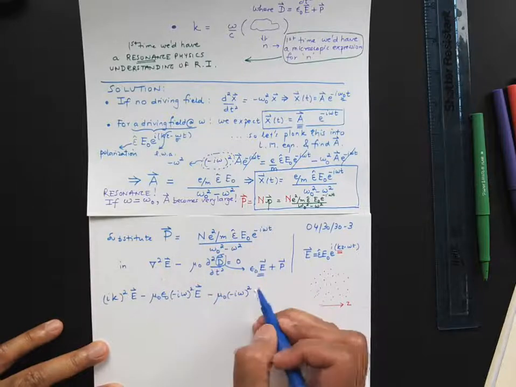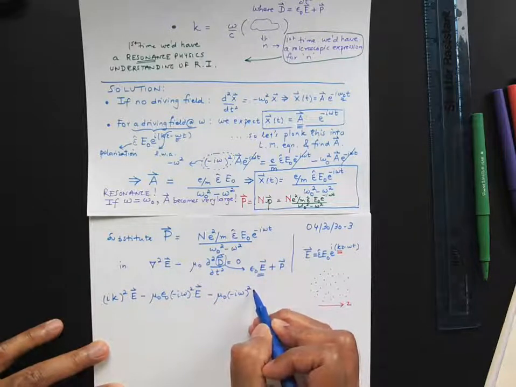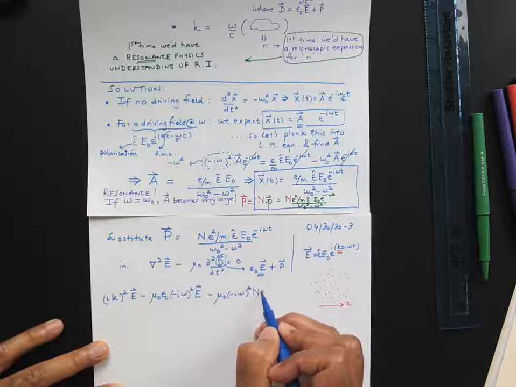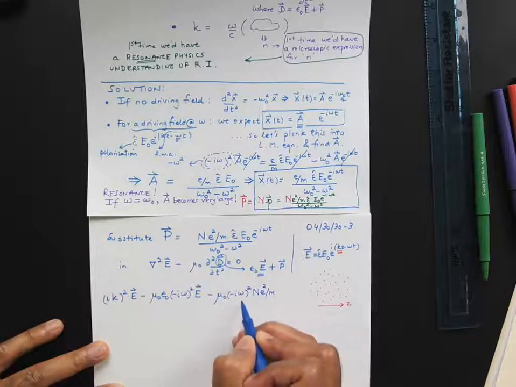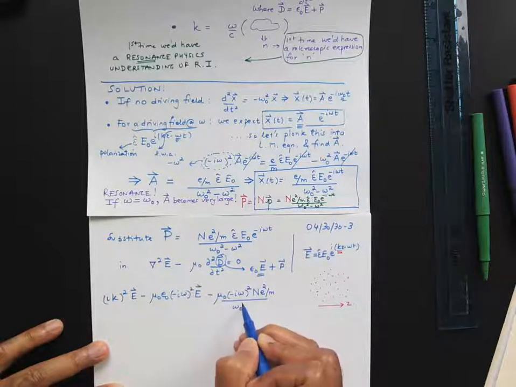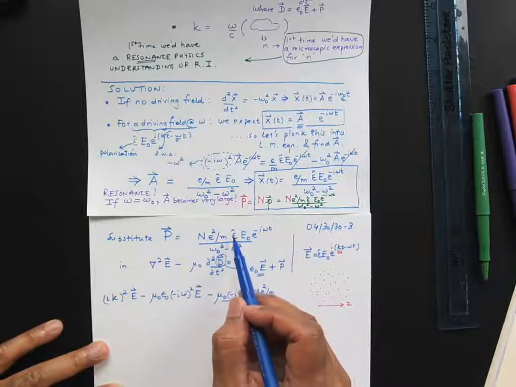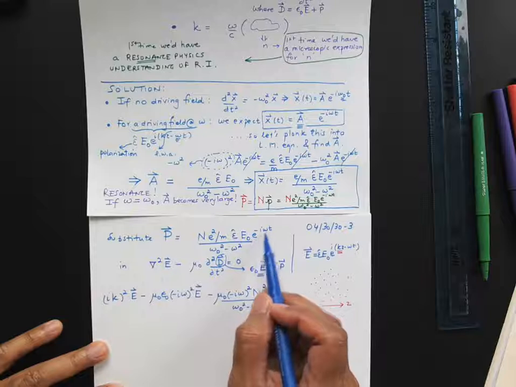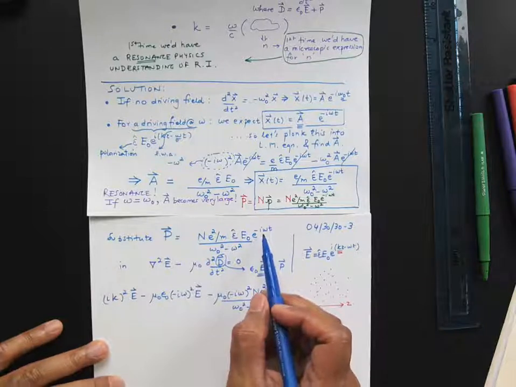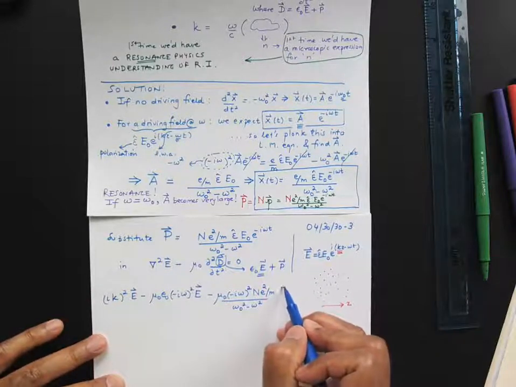Let's write down the constant. So there's an m, there's an e squared over m, there's the omega naught squared minus omega squared, and then you just get this polarization E naught e to the minus i omega t again, which is just the electric field again.